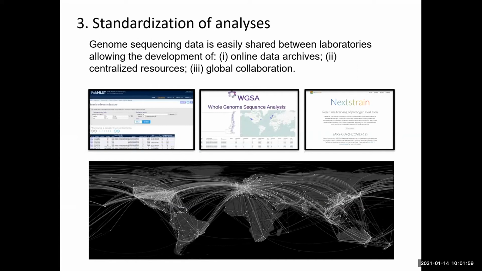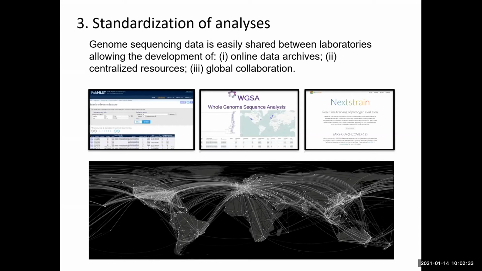share, okay? And what this has allowed is creation of these, which are just examples of some data archives. These are open access databases where you can download, access, and compare genome sequences of lots of different organisms, okay? The other thing that these databases support, so not only do they support the data, but they also represent a centralized resource for analysis, okay?